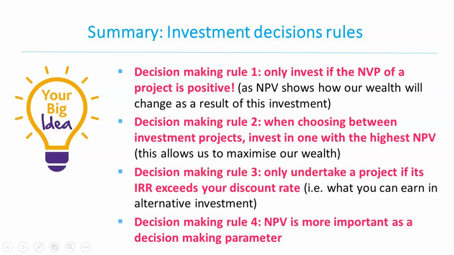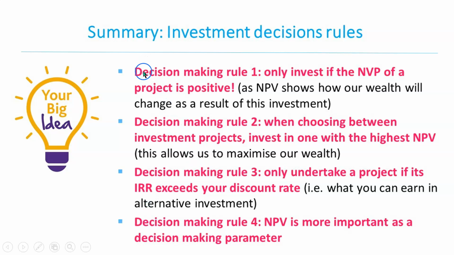To summarize, to bring everything to a conclusion, this week we have studied 4 different metrics which you can use in order to appraise various investment projects. You can use them in your professional life and you can also apply them to your individual personal investment decisions if you wish. And I've summarized the main decision-making rules here on this slide.